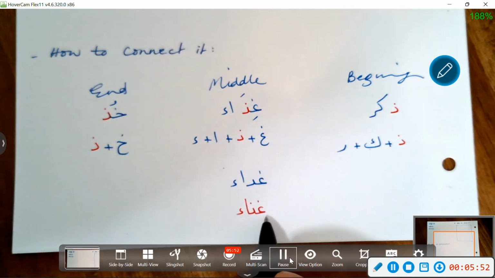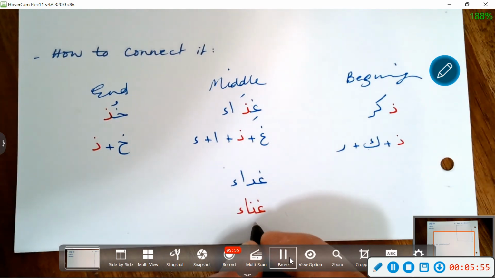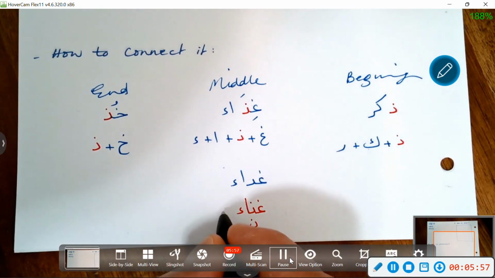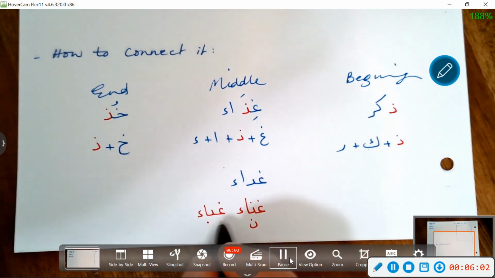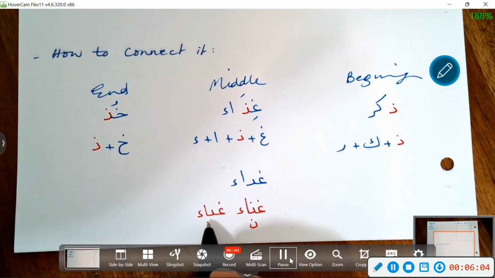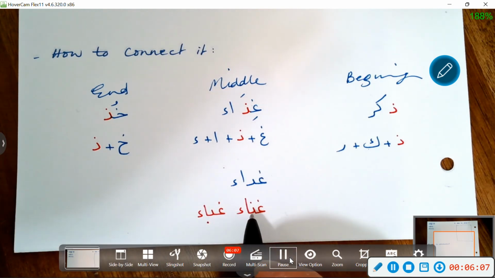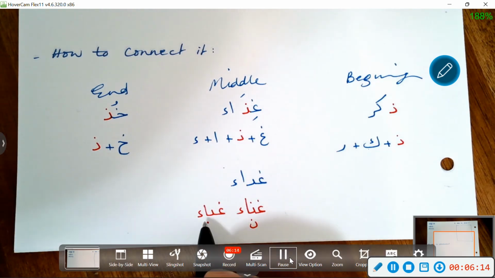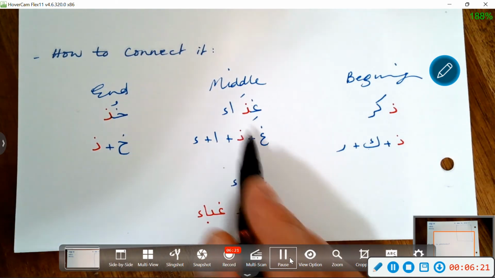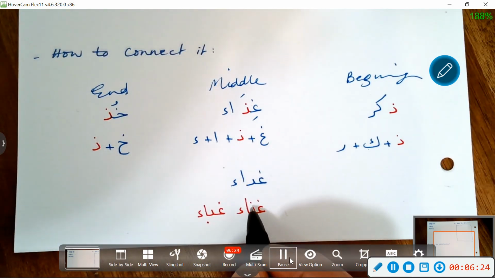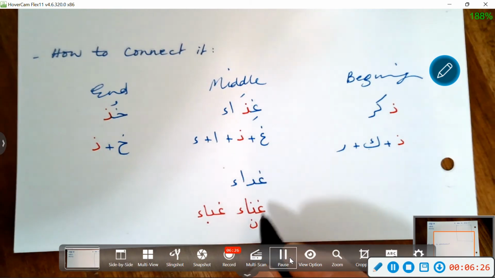It's going to be mixed with letter noon, or with letter ba, which is ghaba. Completely two different words. Ghina means song or singing. Ghaba means stupidity. So that's why, in order not to confuse the daal and the daal with noon or ba or ya, we don't connect it to the next letter.